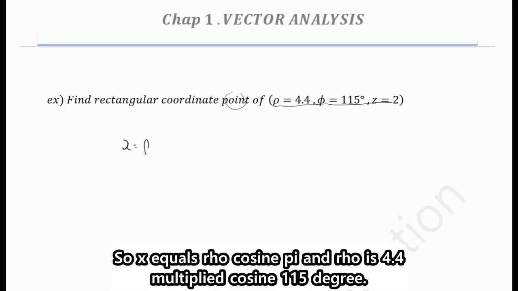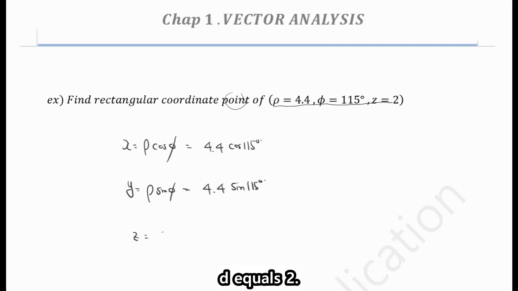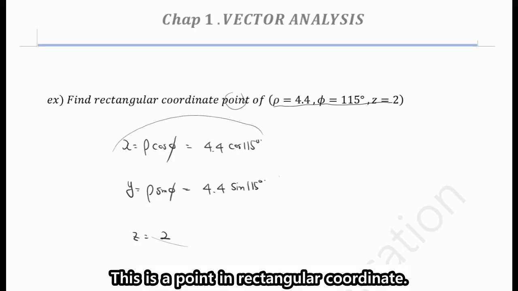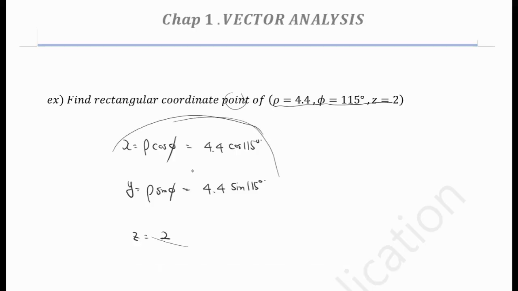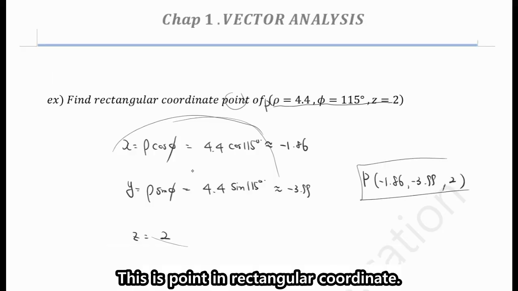So x equals rho cosine phi, and rho is 4.4 multiplied by cosine 115 degrees. Y equals rho sine phi, 4.4 multiplied by sine 115 degrees. Z equals 2. Approximately minus 1.86, and approximately minus 3.99. So point P in rectangular coordinate is minus 1.86, minus 3.99, 2.